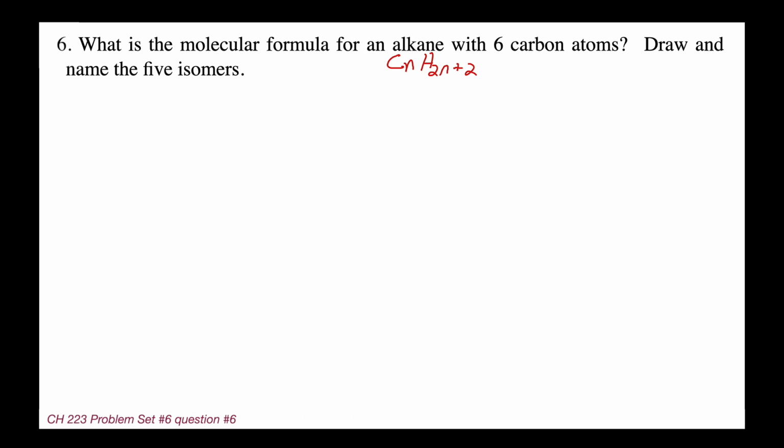And C6H14 is what they call a hexane molecule. All right, when there are 6 carbons, you take the hexyl group and you turn it into hexane. Cool. Just because we have a formula, C6H14, it doesn't mean we have all of the isomers.